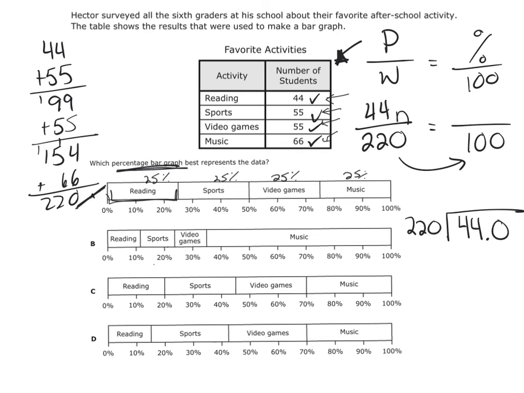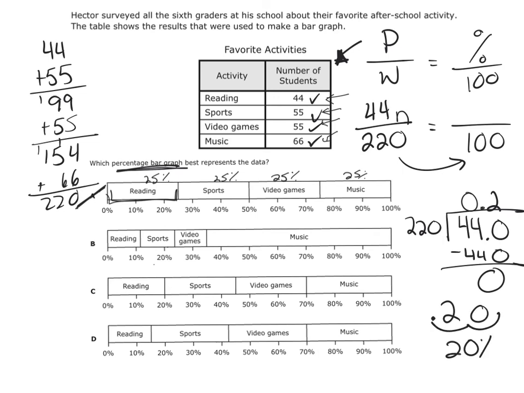Add your decimal. 220 cannot go into 44, put a 0 there. 220 will go in there twice, which actually gives you 440 exactly, because 2 times 0 is 0, 2 times 2 is 4. So you get 2/10, which we know in a decimal we have to move it twice, so that's 20%.